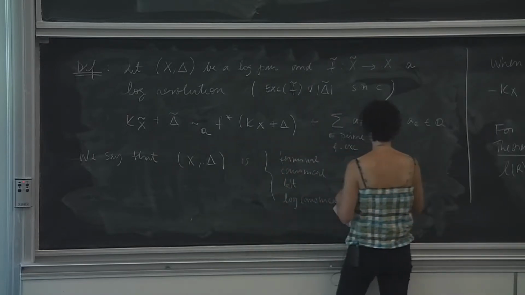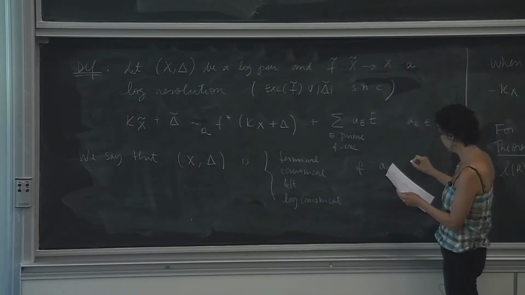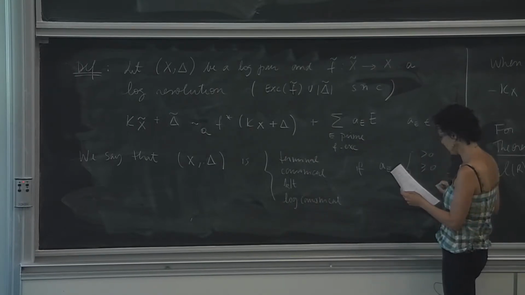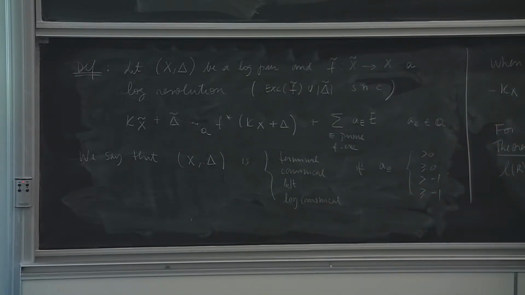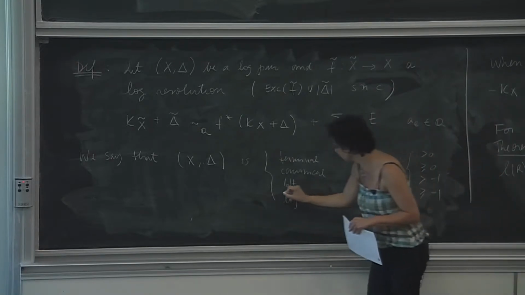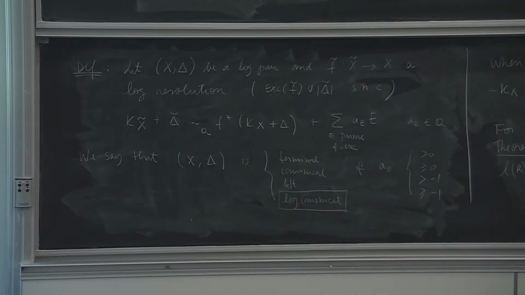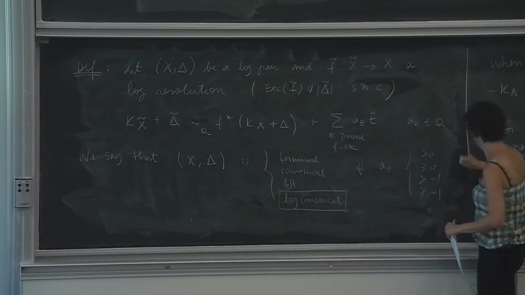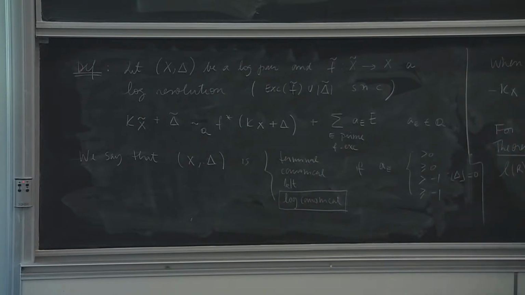If all the a_E are greater or equal than 0 for canonical, and greater or equal than -1 for log canonical. I think we will be interested in this class of varieties. Probably in the KLT case, I also want to require that the round down is 0. But this is not going to be so important for us.